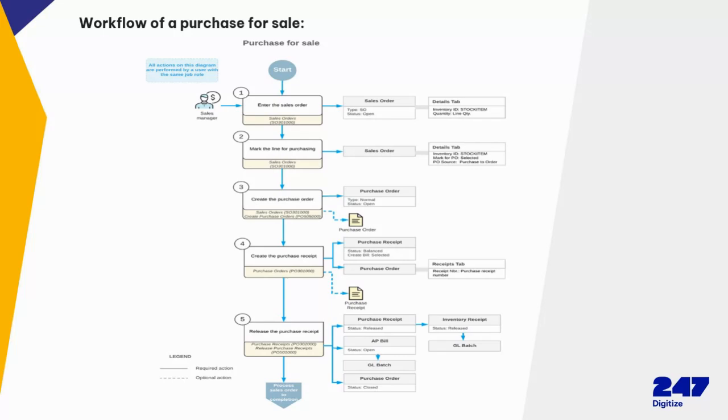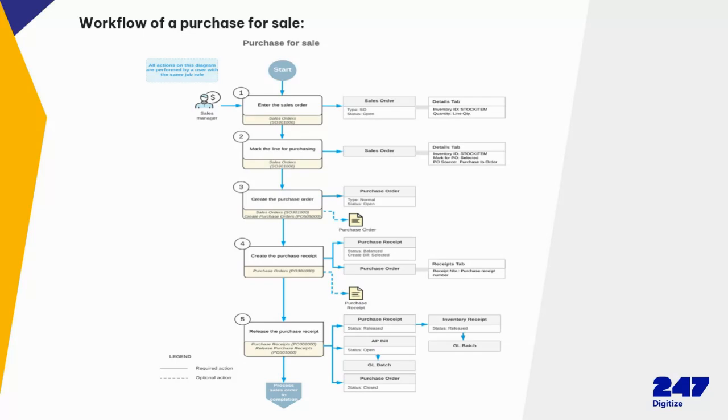This approach allows businesses to procure inventory items specifically to fulfill customer orders that cannot be satisfied from current stock levels. This integrated approach ensures that sales orders can be efficiently fulfilled even when items need to be procured from suppliers.